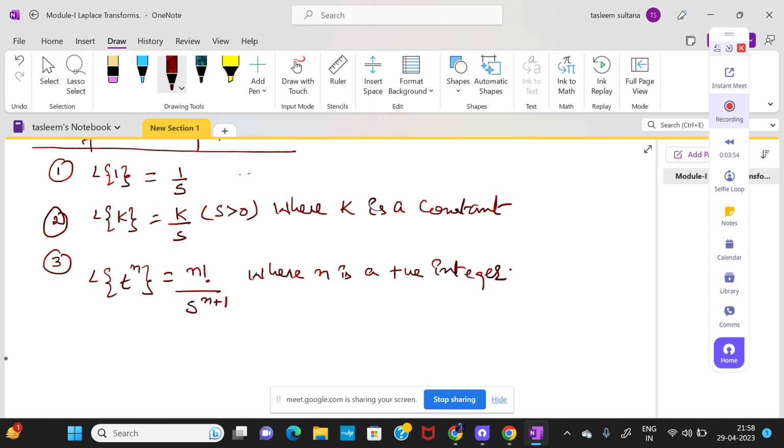L of t to the power of n can be written with a capital gamma, the reverse of 7: gamma of n plus 1 divided by s to the power of n plus 1.